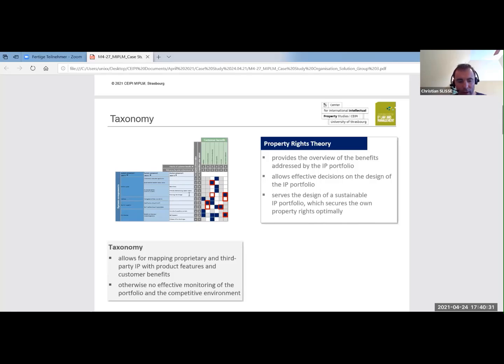And thus, finally, a sustainable IP portfolio gets designed, and this optimally secures the IP property rights, which again is the core of the property right theory. Now I will hand over to my colleague.